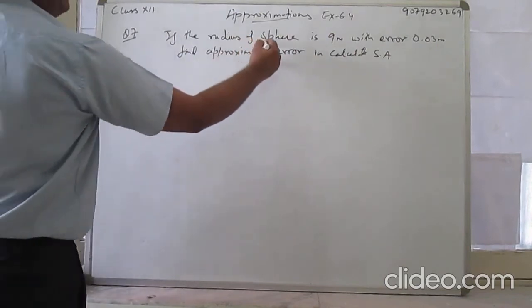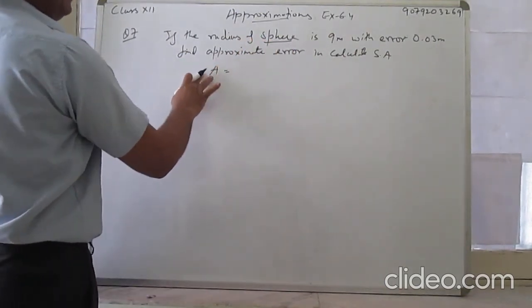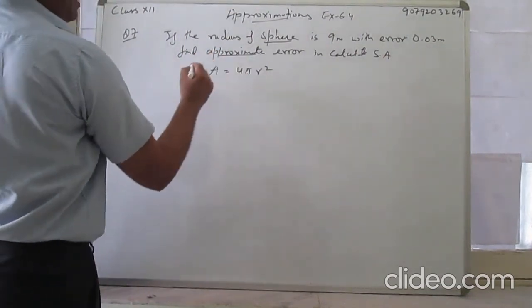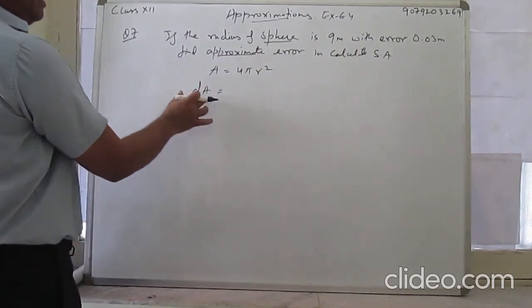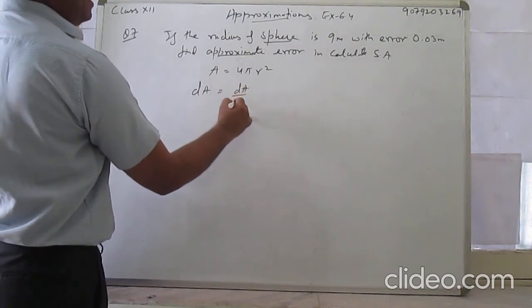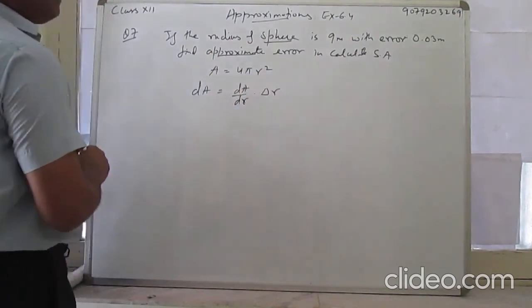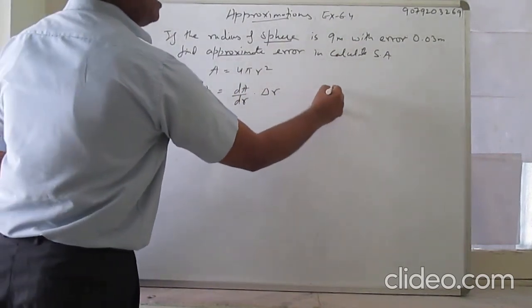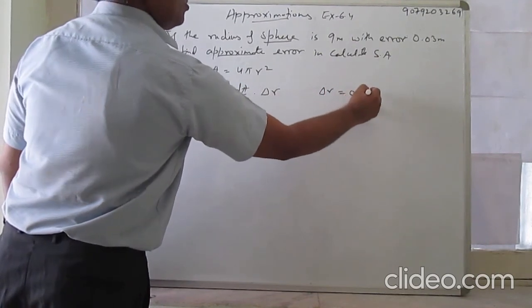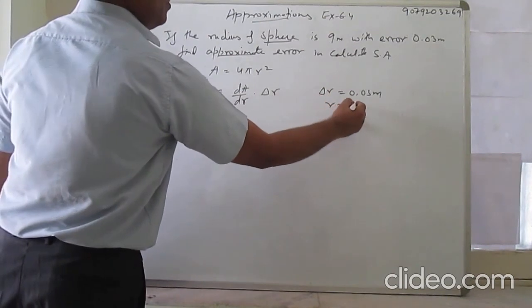So it is a sphere. What is the surface area of a sphere? Area of a sphere is 4 pi r squared. Approximate error is dA. What is the differential dA? It is dA upon dr, with respect to radius, into delta r. Delta r here is given to you as 0.03 meter and r is given as 9 meter.